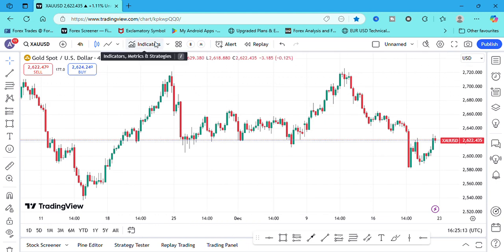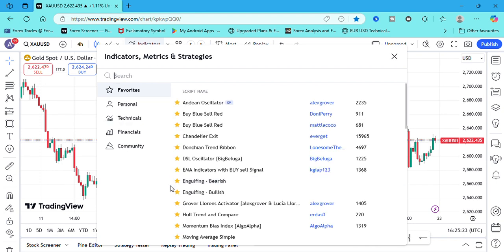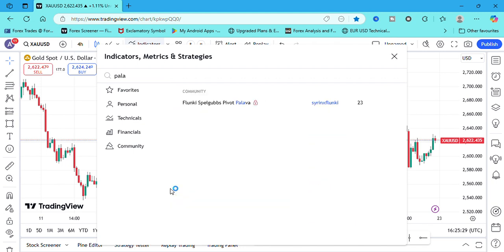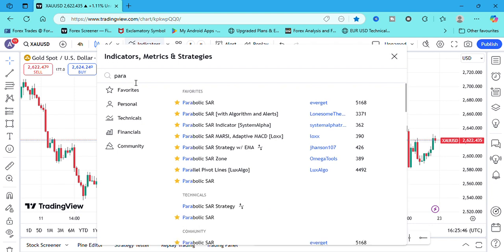I am going to put it in the simple indicator. I go to indicators and write PARA. Put in Parabolic SAR Evergrade.